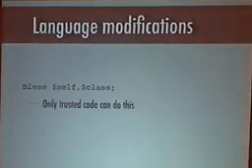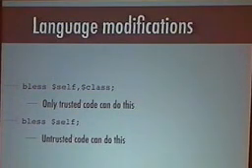You've got blessing, which is the next thing. Only trusted code can declare which class an object is blessed in. Untrusted code can only do that, bless $self, which will bless in the module that it's defined in. So that prevents forging.